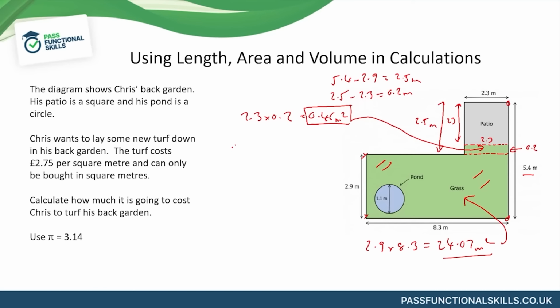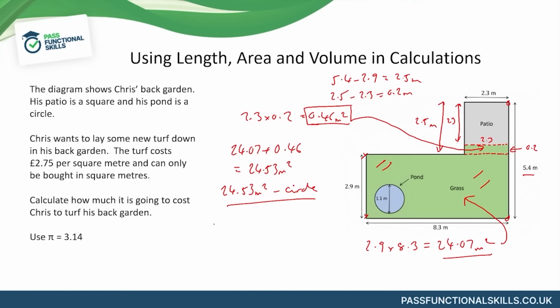So that's going to be 24.07 plus 0.46, and that comes to 24.53 square metres. Now what I need to do now is do 24.53 square metres minus the area of the circle. Actually, it's not the final thing, because then we need to work out the price.